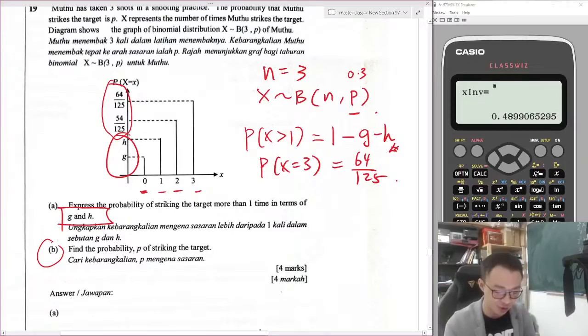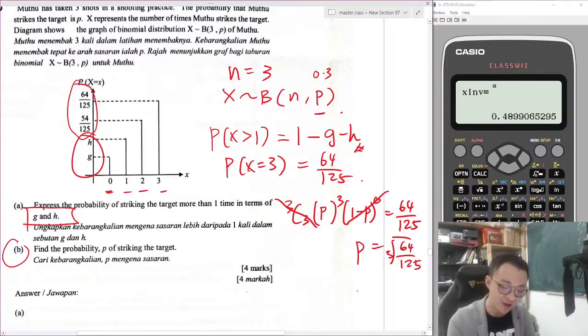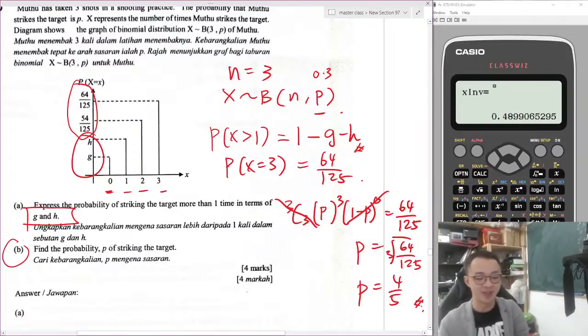If I expand into the formula, it is 3C3 multiplied by p to the power of 3 multiplied by 1 minus p, which is q, to the power of 0, and then equals 64 over 125. This is 1, this is 1. Then p cubed equals 64 over 125, so P equals the cube root of 64 over 125. P equals 4 over 5. This is how we get the P value by substituting into the formula.